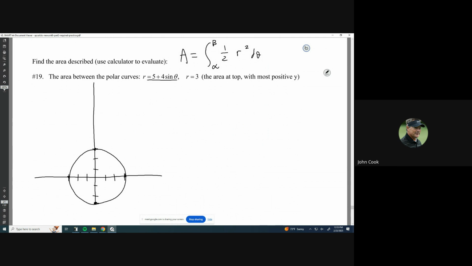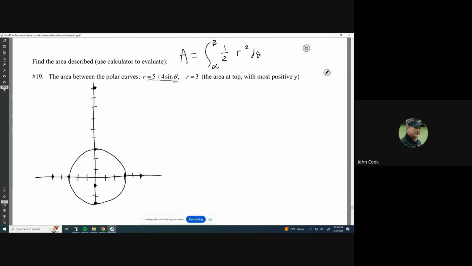At 0 degrees, sine would be 0, so it'll be out to 5. And same thing over here, 5 in this direction. If it's 90 degrees, then sine is 1, so 5 plus 4 is 9. And at 270, sine is -1, so 5 minus 4 is 1.